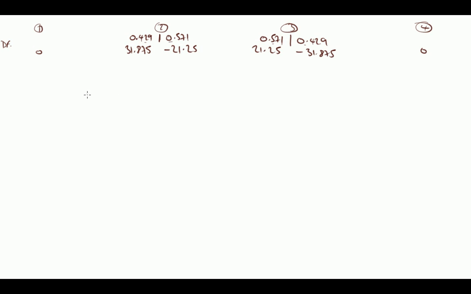So we need a balancing moment. So we've got 31.875 clockwise, so a relatively large number clockwise, and then we've come back anti-clockwise 21.25. So we still haven't come back all the way. We need a balancing moment to get us back to 0 of minus 10.625. So this is our balancing moment. And on this side, we've got 21.25 clockwise.